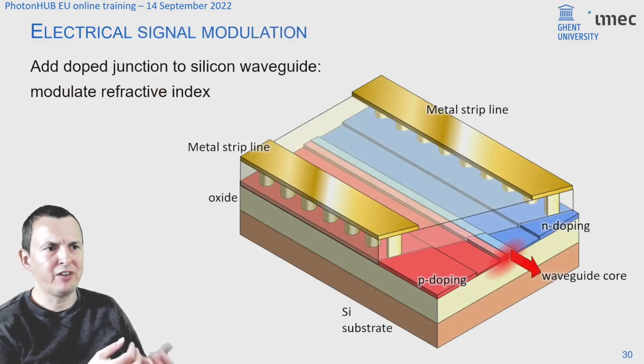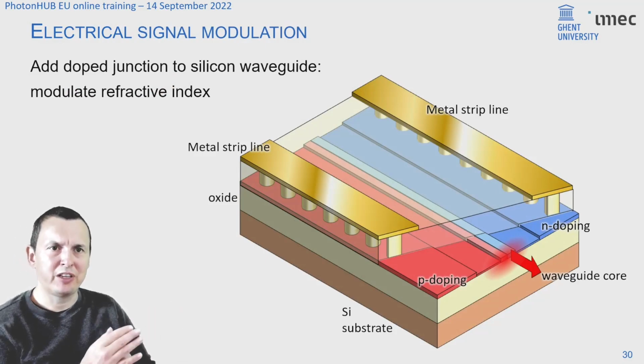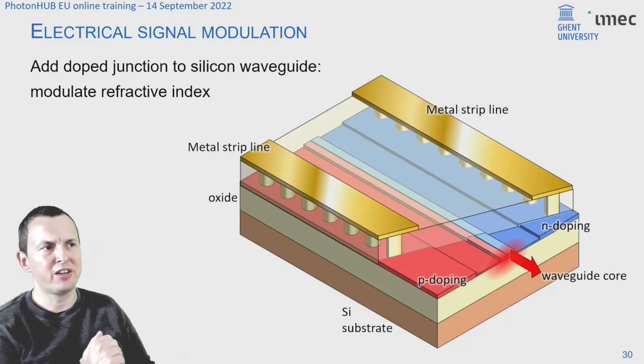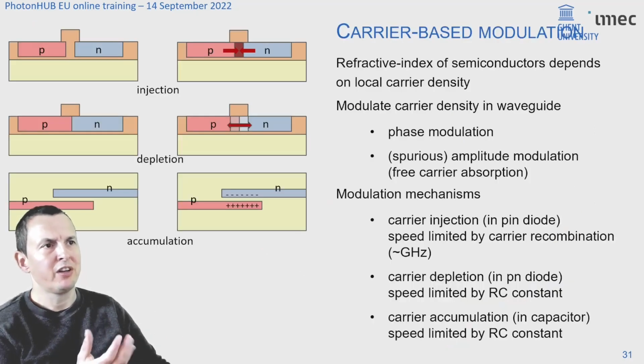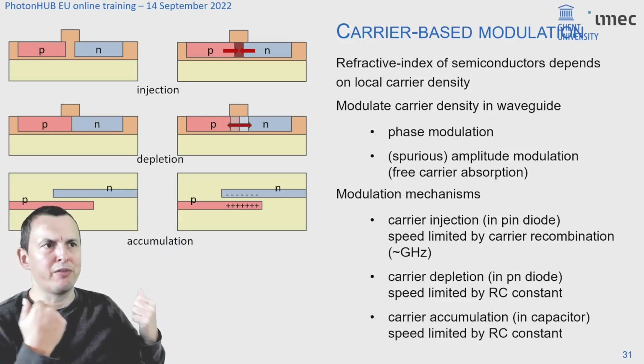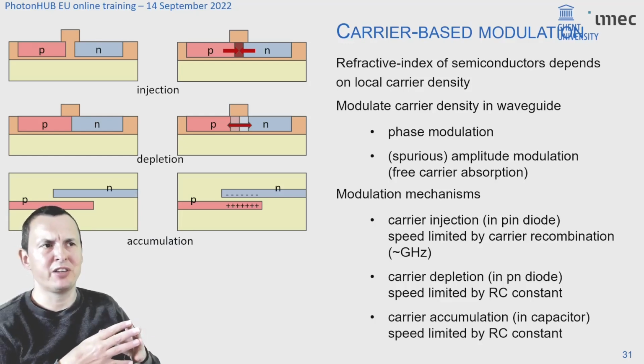Silicon does not have an intrinsic electro-optic effect, but because you have all this process technology available that is used for electronics, it's fairly easy to implement a PN junction inside your waveguide, which means that you will get carriers in your waveguide, which can be extracted by reverse biasing your junction or injected by forward biasing your junction.